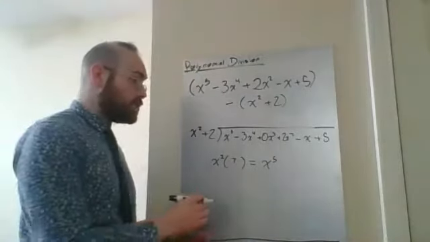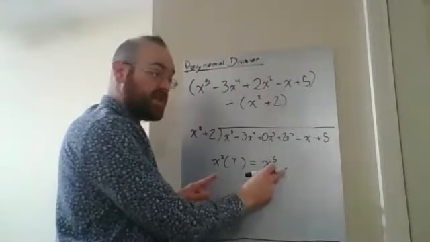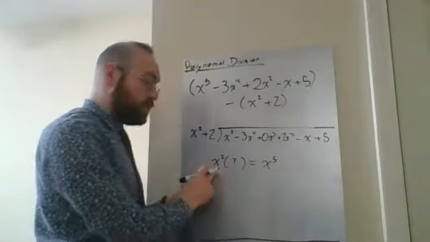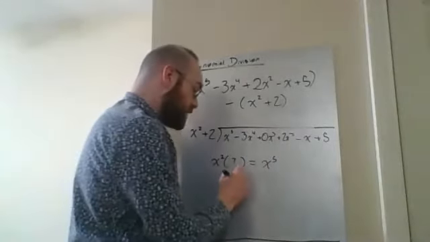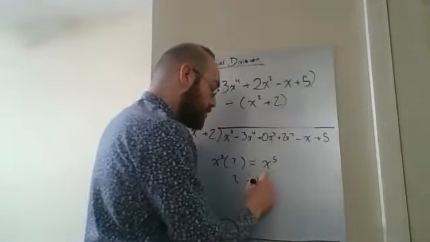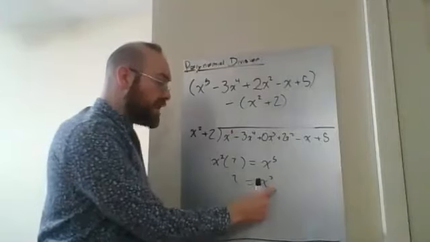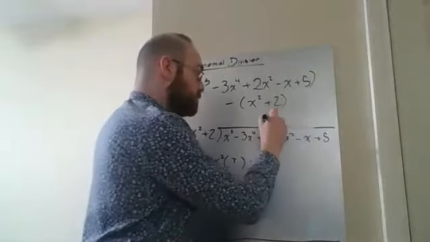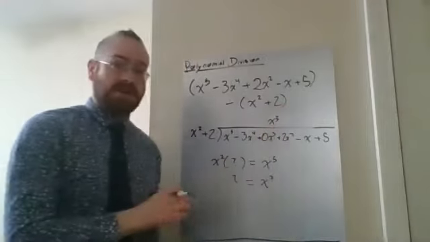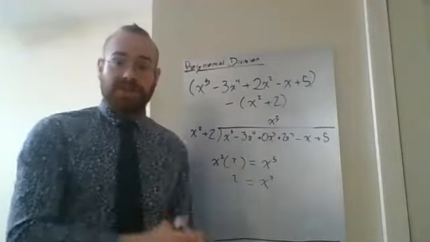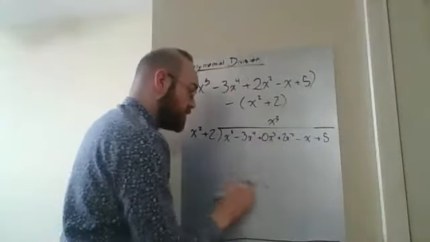In a sense, we are looking at what two factors give me x to the fifth if I know one of the factors is x squared. So we can divide both sides by x squared. So our question mark here is x cubed. So I'm going to write this x cubed over the space for x cubed because I said I want all of my factors to line up vertically. And I'm going to erase this work here.